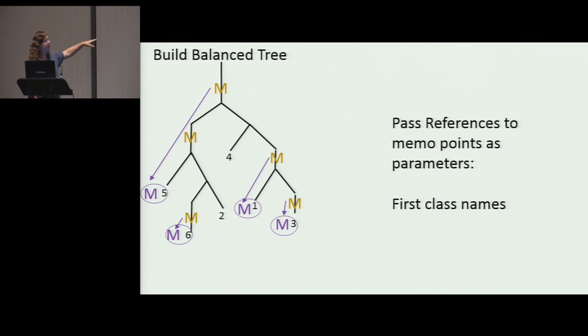These references actually have to be inside the structure as well, so we call them first-class names. And when you reach one of those is when you usually create the next memo point, because that's when you have the reference. And so there are a few cases where you have to deal with each of the special items in the list. And that's why we're making the library, because for a lot of these things there's a general formula for how they work.